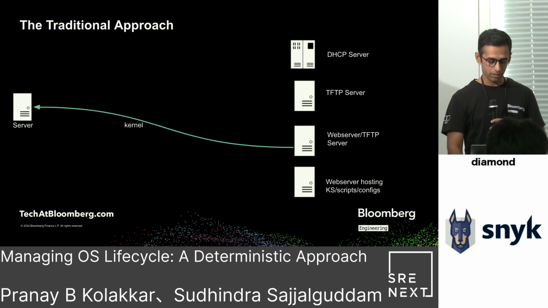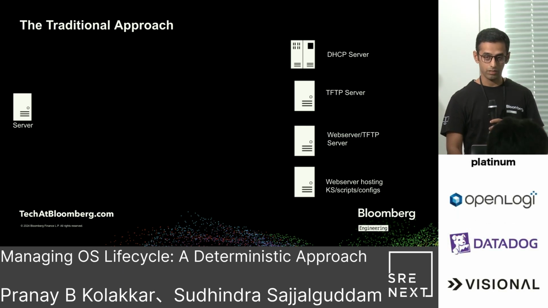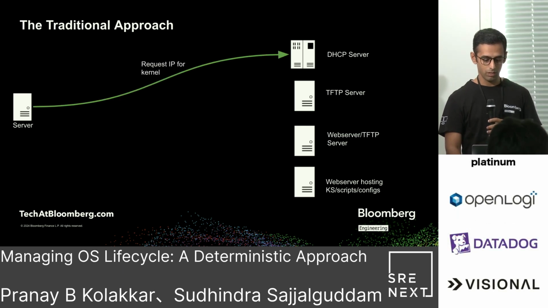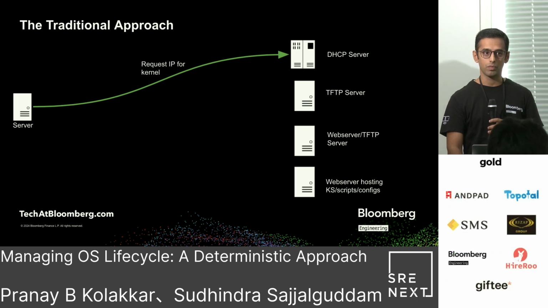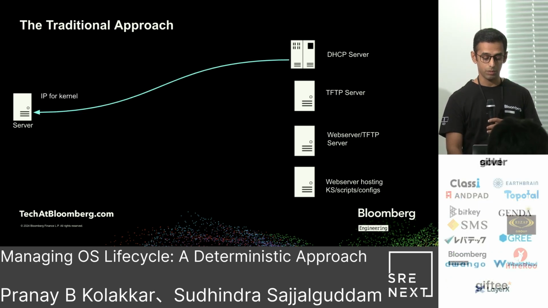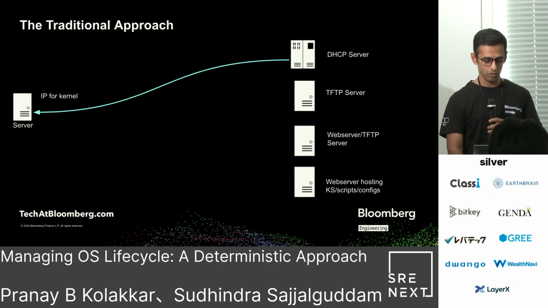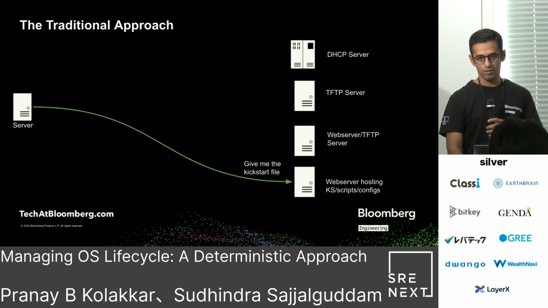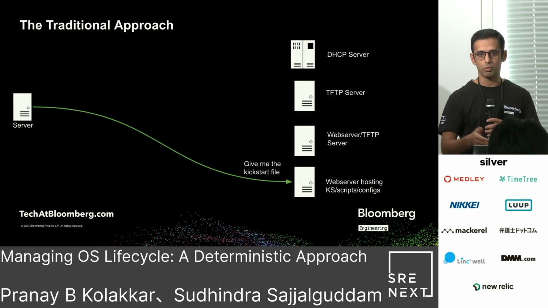The server gives back the kernel, and the server that is being built requests an IP from the DHCP server for the kernel. The DHCP server allocates the IP, and then the server fetches the kickstart file, the post-install script, etc., and starts building.